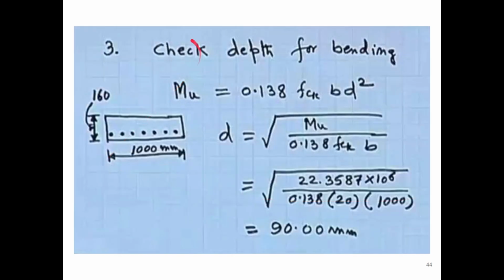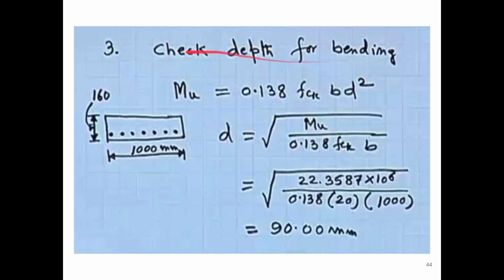So the third condition, check depth for bending. Mu is equal to 0.138 fck bd square, so d is square root of Mu by 0.138 fck b. That is the limiting condition, the limiting maximum moment carrying capacity of the concrete section.